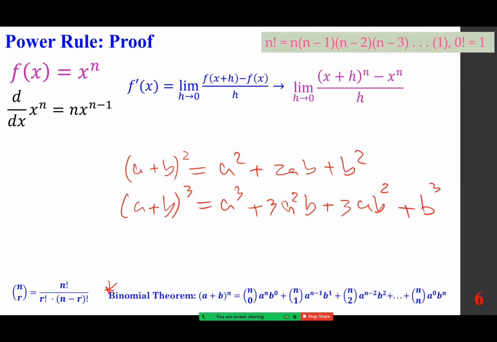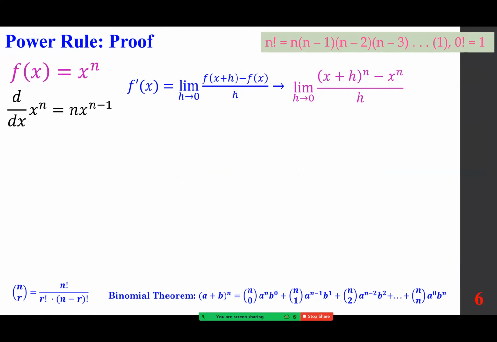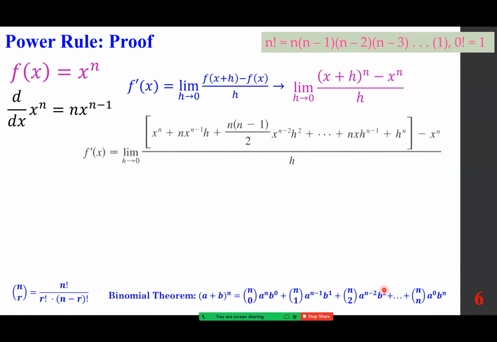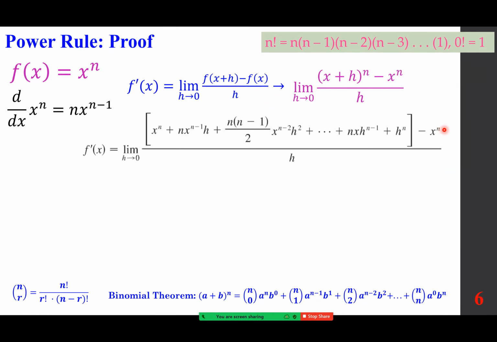So let's do the expansion here. We're going to expand this using this concept. And this is x to the power of n. So this part becomes this. And by the way, this one is Cn1, this is Cn2.